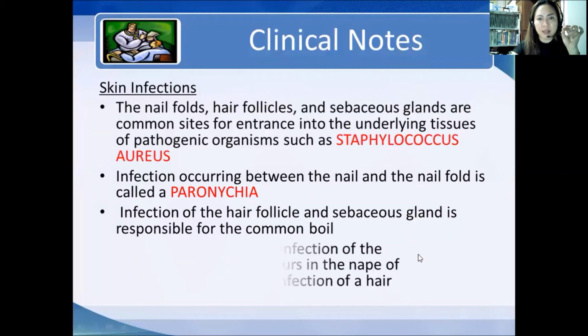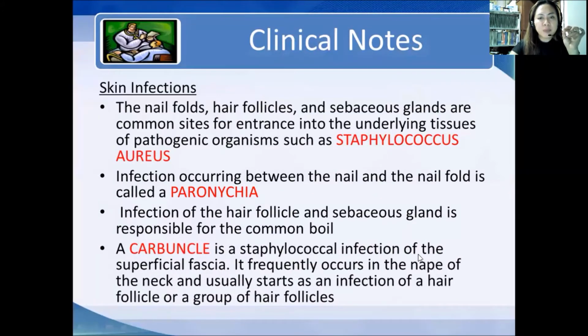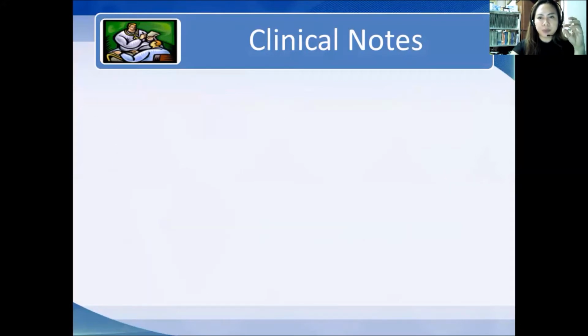Okay, paronychia. So infection of the hair follicle and sebaceous gland is responsible also for common boil or yung mga pigsa. Okay. So a carbuncle is a staphylococcal infection of the superficial fascia. It frequently occurs in the nape. Di ba may mga pigsa-pigsa in the nape of the neck, and it usually starts as an infection of a hair follicle or a group of hair follicles, yung carbuncle. So ano bang itsura ng mga to?